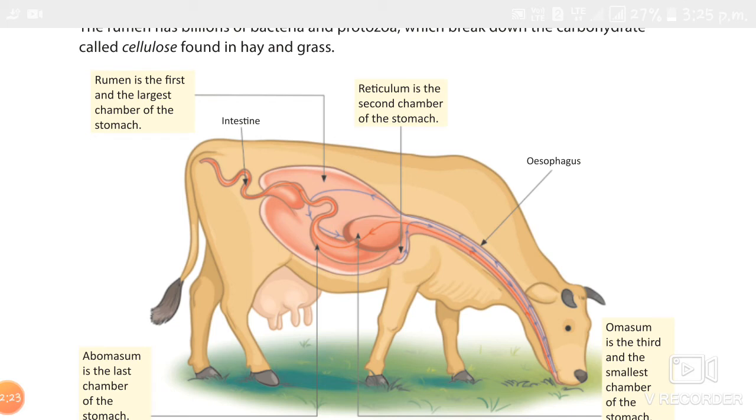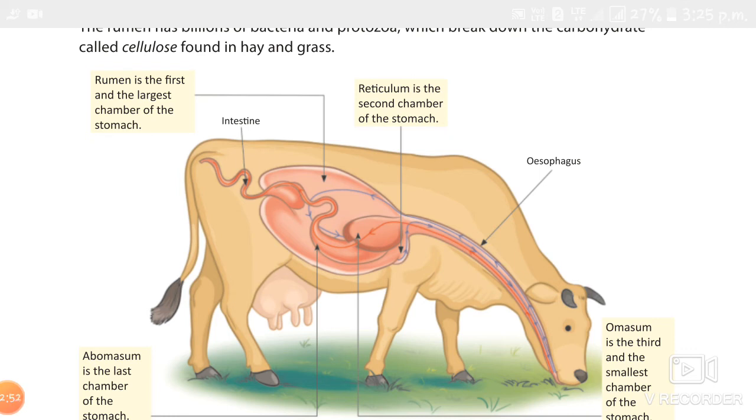In this lesson we studied nutrition in amoeba, then nutrition in human. In nutrition in human we studied ingestion, digestion, absorption, assimilation and egestion, and their definitions. Everyone remember?